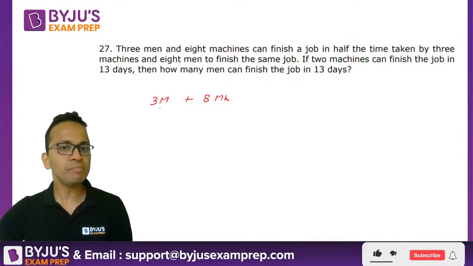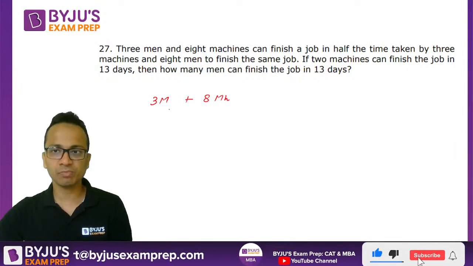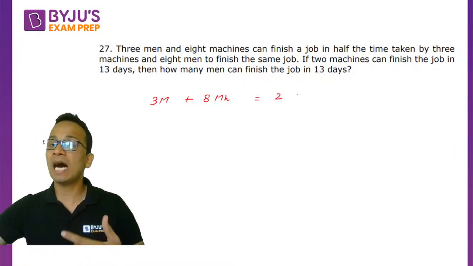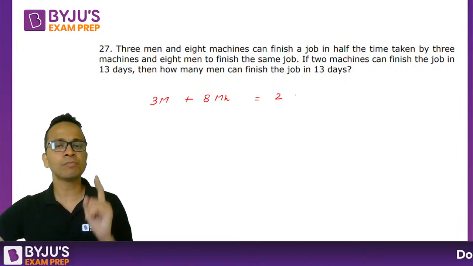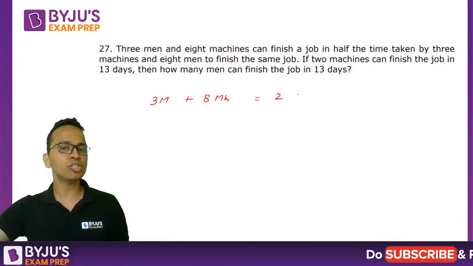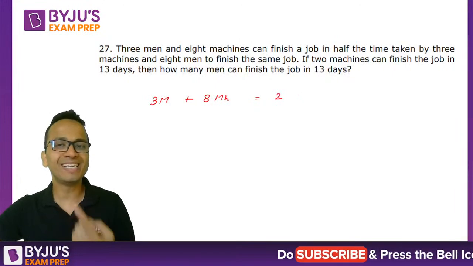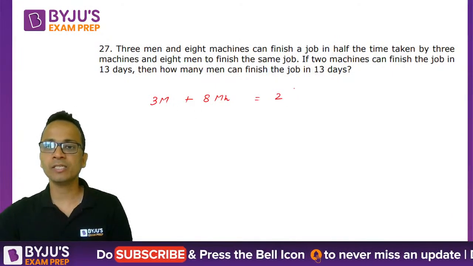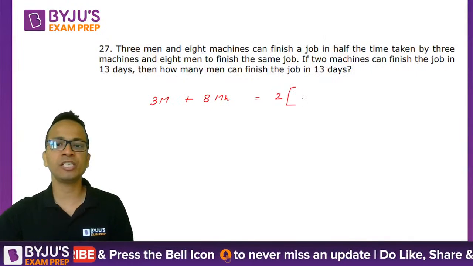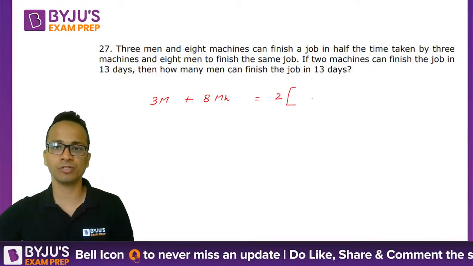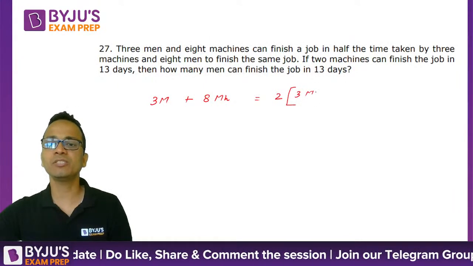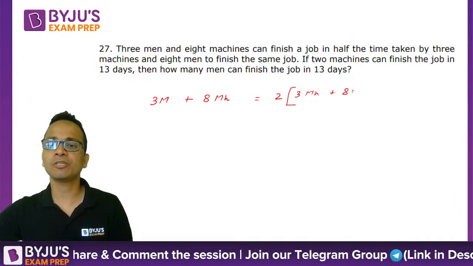Okay, so 3 men and 8 machines, this part should be twice as efficient because आधे टाइम में काम फिनिश कर रहे हैं. So efficiency should be double, right? So this set of workers is twice as efficient as the second set of workers, which is 3 machines and 8 men.